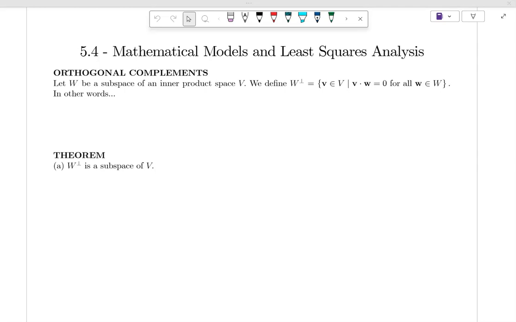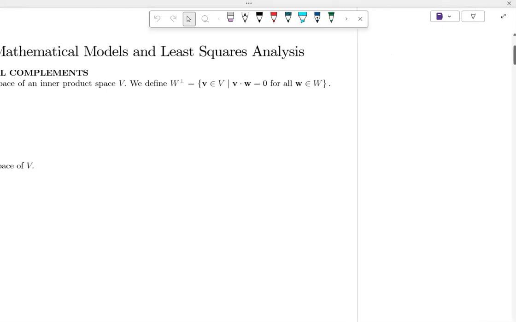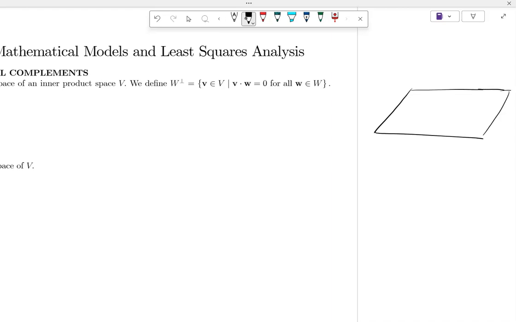Before I write out the definitions here, here's the idea. Let's say we're in R3, just for argument's sake, and I have a subspace that looks like a plane. So a 2-dimensional subspace generating a plane in R3.